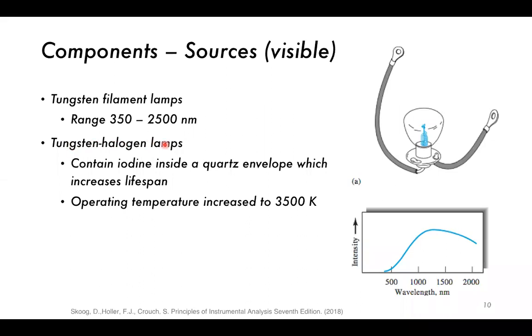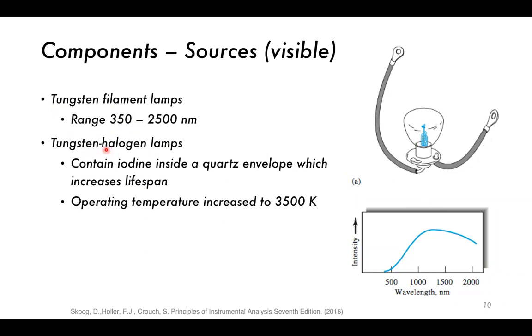Tungsten halogen lamps are a development of tungsten lamps, so they're pretty much the same. They produce the same sort of range, but they have a halogen inside the lamps, usually iodine, and this helps to increase the lifespan. In the tungsten lamps, over time, the tungsten heats up and actually evaporates.